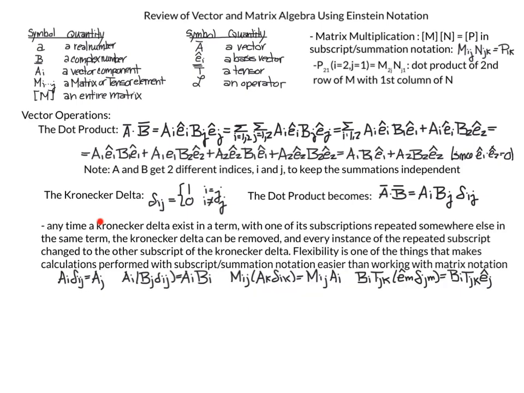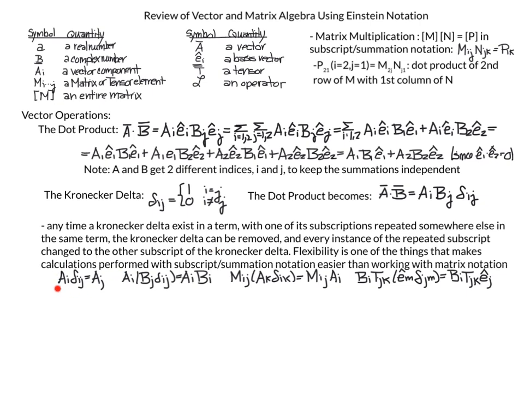And one of the nice things about a Kronecker delta is that it lets us simplify expressions, as in these examples here. Anytime a Kronecker delta exists in a term, with one of its subscripts repeated somewhere else in the same term, the Kronecker delta can be removed, and every instance of the repeated subscript changes to the other subscript of the Kronecker delta.